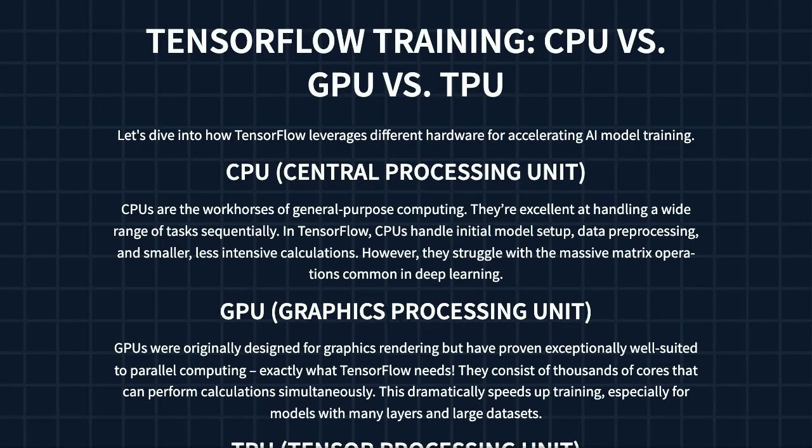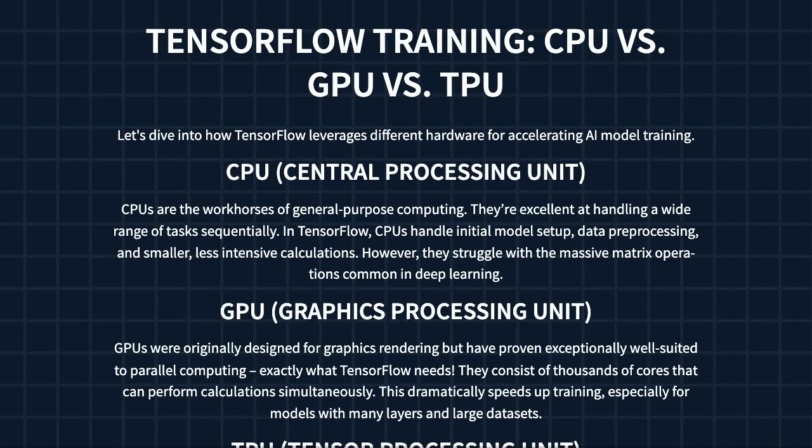Okay, let's talk about how TensorFlow uses different kinds of processors to speed up its AI models. First, we have the CPU, your regular computer processor. It's really good at doing lots of different things at once, but it's not ideal for the huge amounts of math involved in deep learning. Next up, a GPU. These were originally designed for video games, but they're fantastic at running calculations in parallel. Think of them as having thousands of tiny workers all working together.